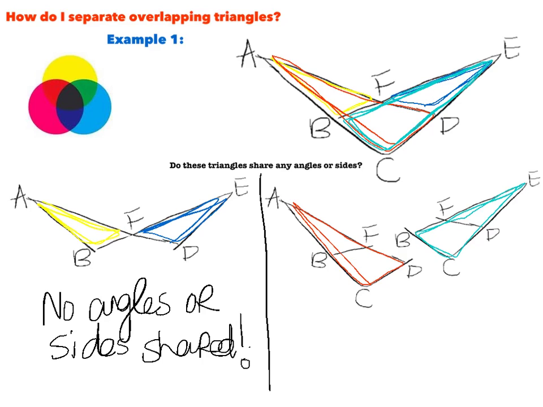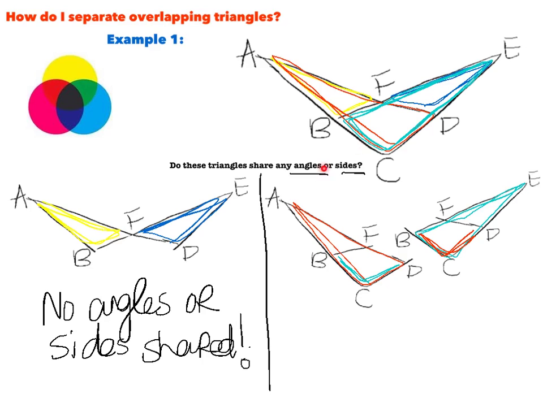Now you can't see it in this picture, but you should be able to see it up here. I noticed that red and blue overlap only in this corner right here. That there is blue here, and that there is red here. They overlap. The question is, do they overlap in an angle or a side? If they overlap at an angle, then they need 2 spots to create an angle.